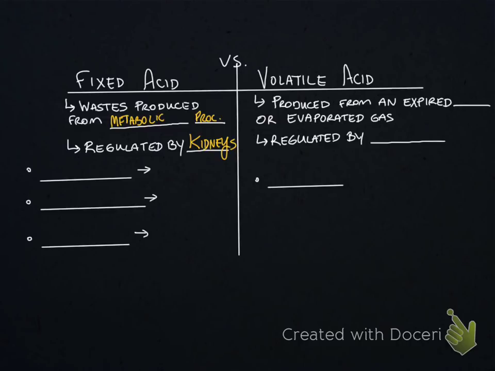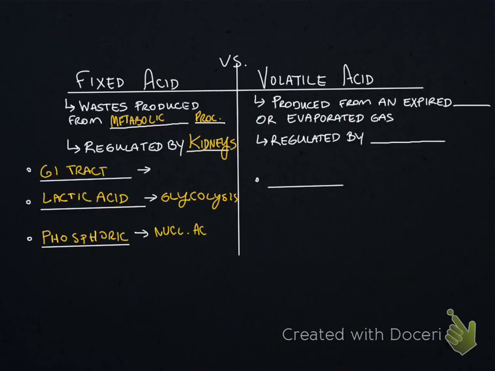So one way in which your body does this, in the GI tract, can produce these fixed acids from animal proteins and wheat, lactic acid from glycolysis, and phosphoric acid from nucleic acid metabolism.